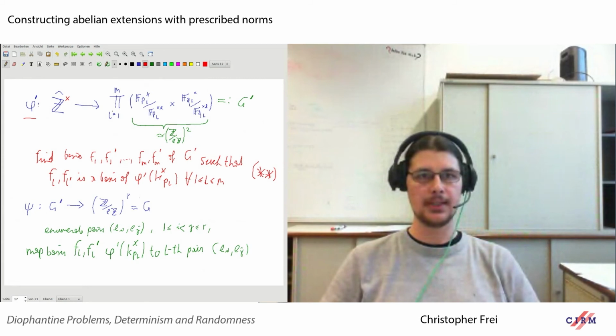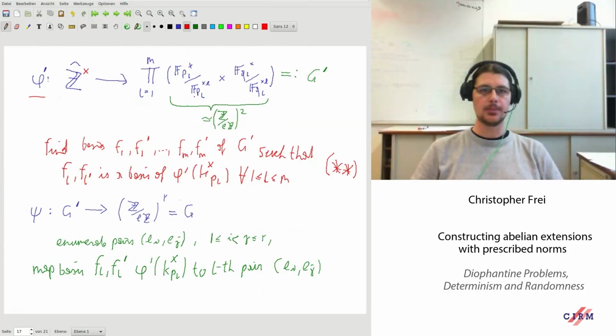So I end up here at the product over L from 1 up to M of FPL star mod FPL star E-th powers times FQL star mod FQL star E-th powers. And then again, each of these factors is Z mod EZ, so here I have M copies of Z mod EZ squared. And I call this G prime for now.